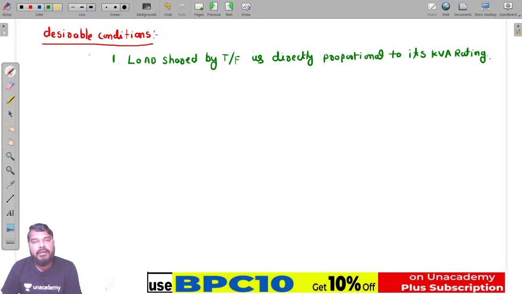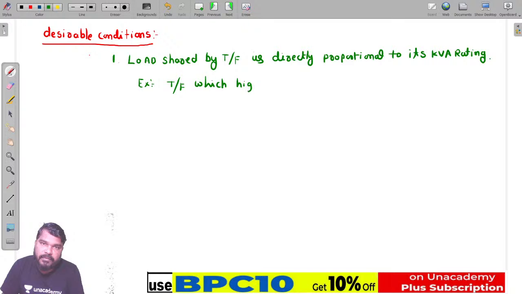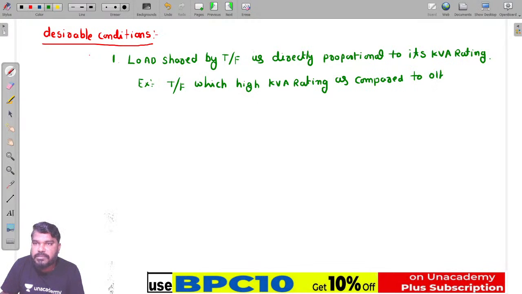So what it means here: suppose this is a transformer which has a high kVA rating as compared to the other transformer.